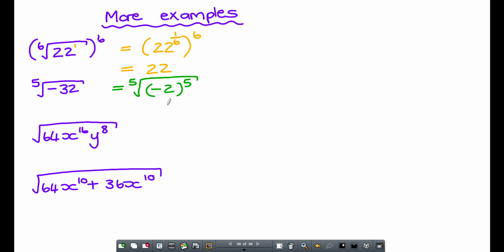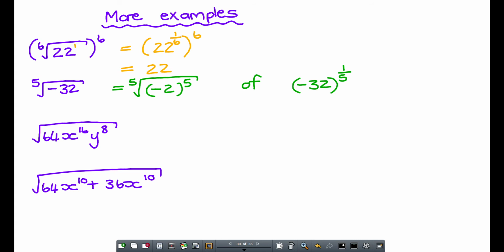Minus 32 is the same as minus 2 tot die mag 5. Or, if you wanted, you could first have said minus 32 to the power of 1 over 5. You could have said that as well. Then you just get rid of the root first.